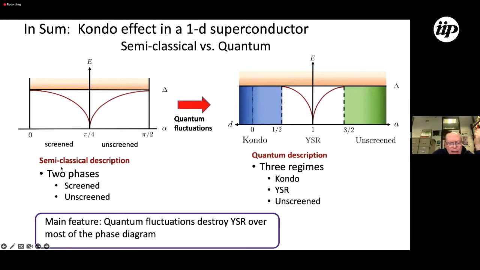And I have a semi-classical description valid, and I have two phases, screened and unscreened. While here, in the full quantum regime, I have three regimes: Kondo, YSR, and unscreened. And the main message is that the quantum fluctuations destroy the YSR. Here it was over the full phase diagram. Here it remains only on a small part of it.